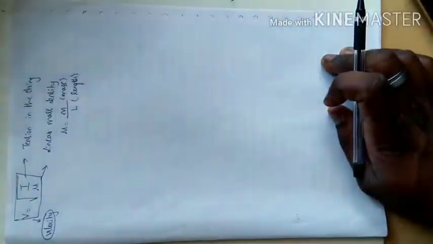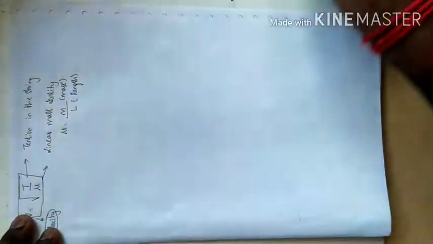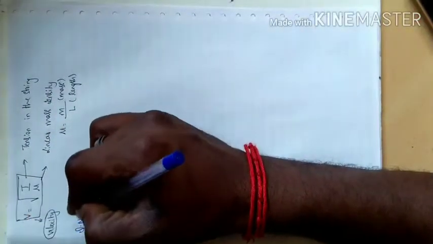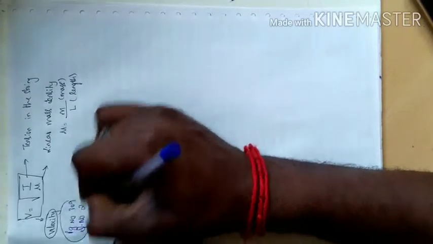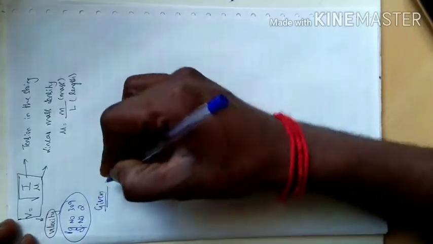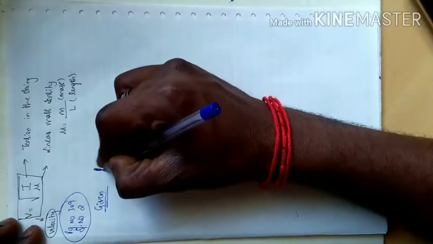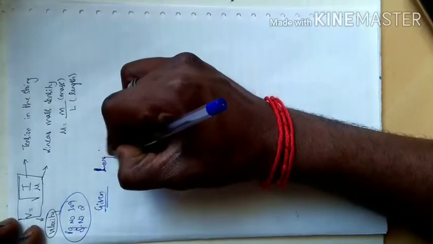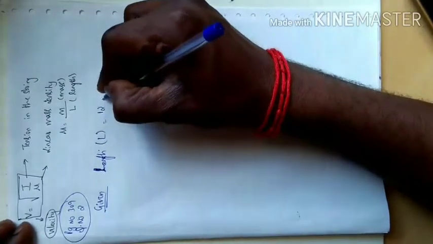Now using this question I am going to write the given. Question number 2, page number 309. Let us see the given. They have given the length of the wire: L is equal to 12 meter.